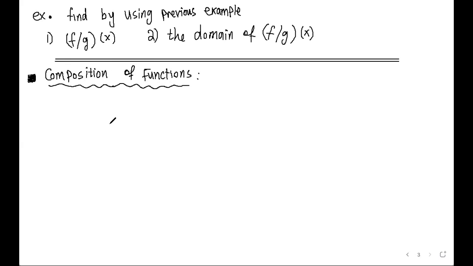What does that mean? Let me give you the general definition. Then I'm going to give you an example about this definition to explain what the definition says.